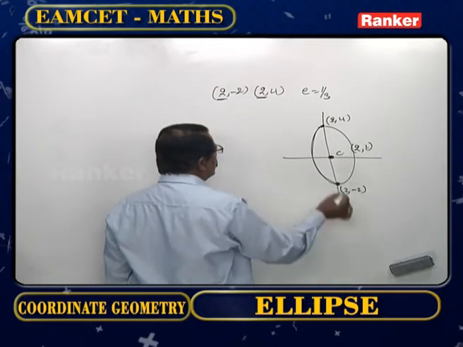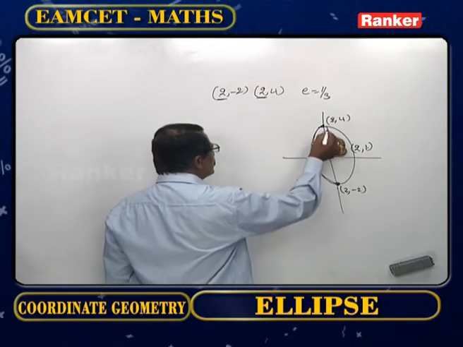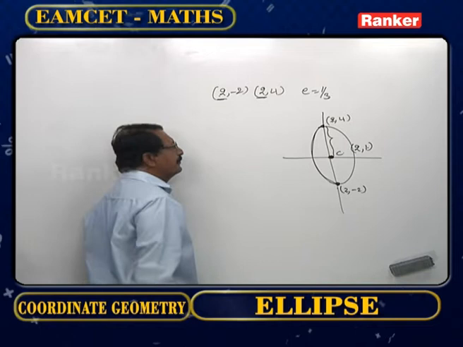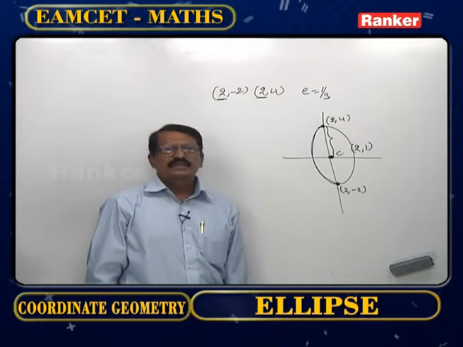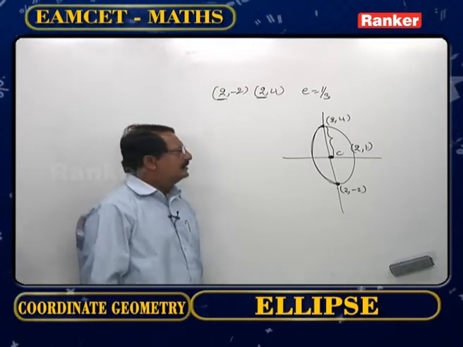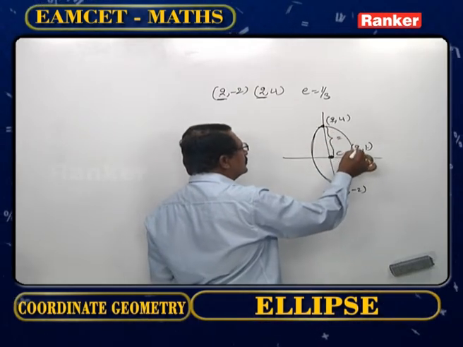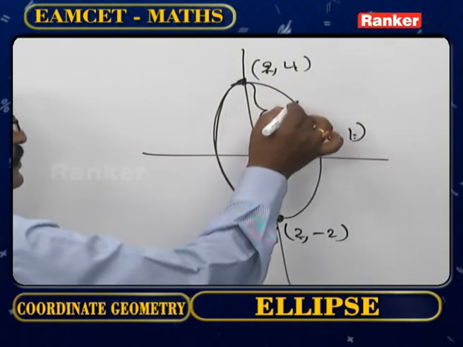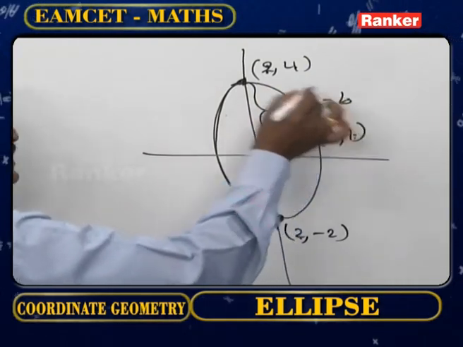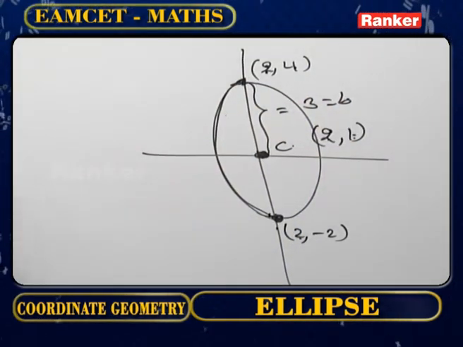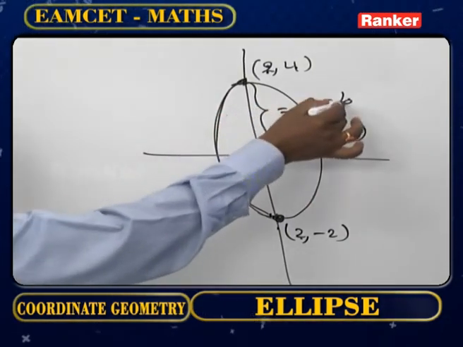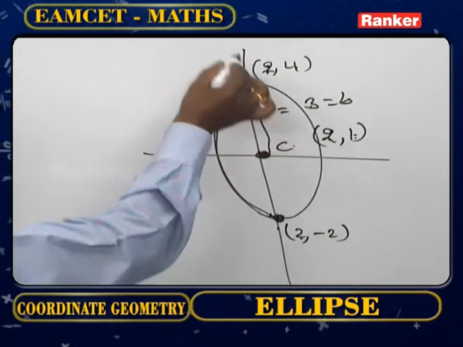Now the distance between the center and any one of the vertices equals half of the major axis. The distance between 2 comma 1 and 2 comma 4 is 3 units, but for a vertical ellipse the semi major axis equals b. So b equals 3.